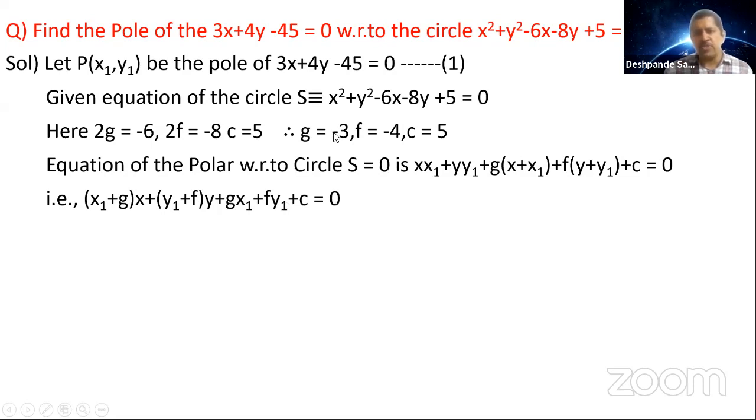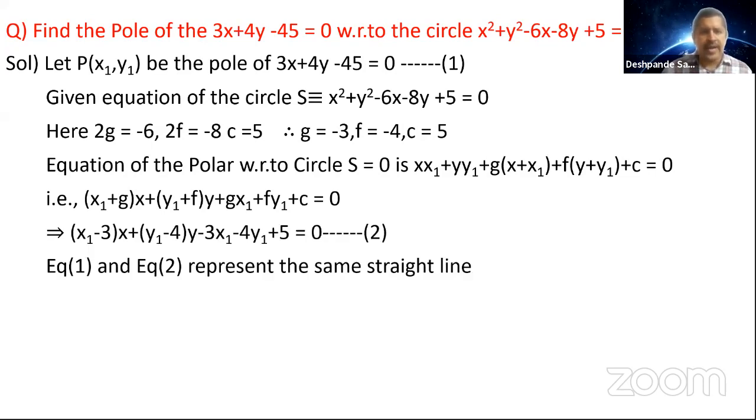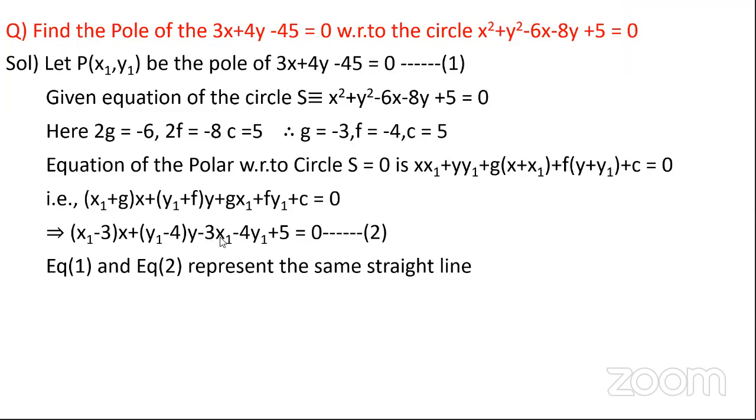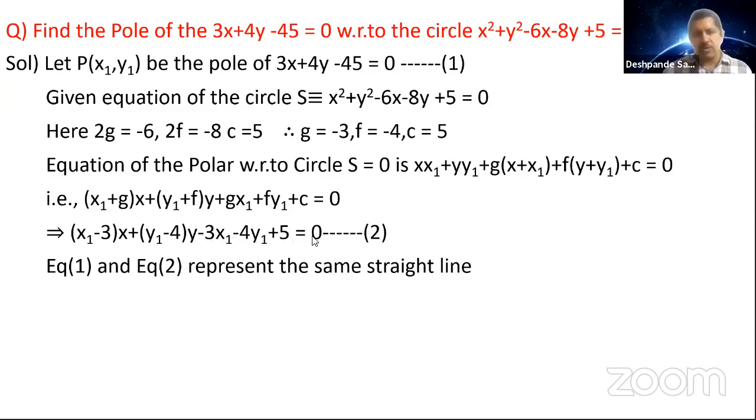Now you know the values of g, f and c, so substitute them here. You get x1 minus 3 of x plus y1 minus 4 of y minus 3x1 minus 4y1 plus 5 is equal to 0. So you got equation 2 here.